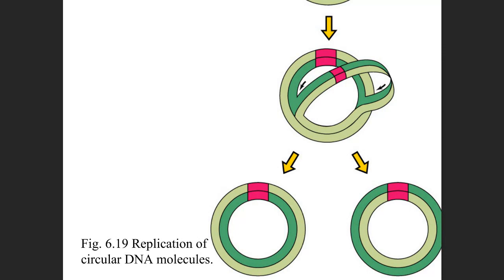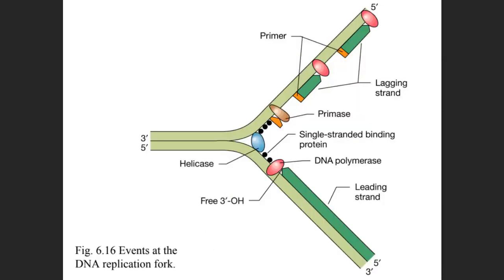Okay, now I want to come back to talk about the replication fork. What's happening in the replication fork? We talked about the leading strand. If we focus on the leading strand, that's 5', and that must be the 3'. So we have a free 3' hydroxyl group, right?